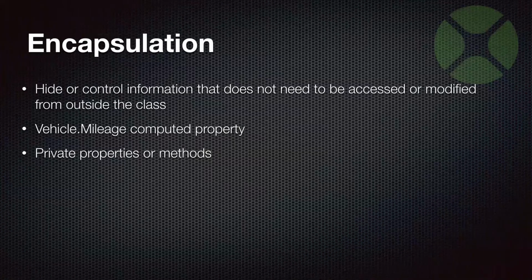And as I did with the mileage property that was private, the non-computed one, you can also make methods private, and it's a great way to hide information. One technique I often use when I'm designing things is I'll try to make my things private right from the get-go. So when I start adding properties and methods to my classes, I'll start by making them private to begin with.